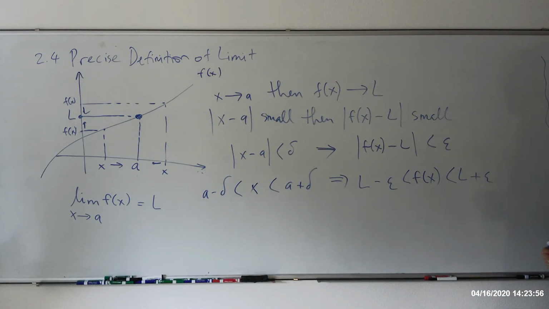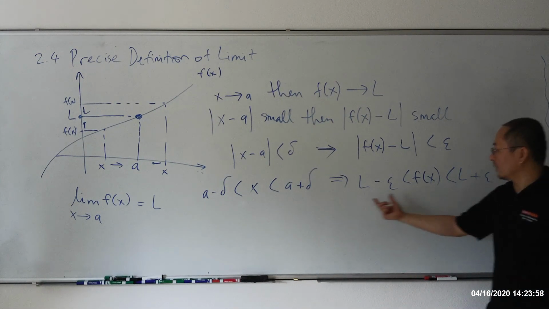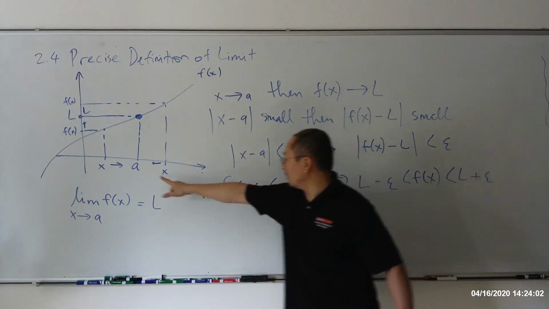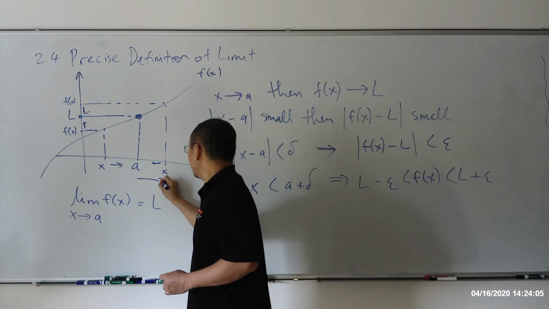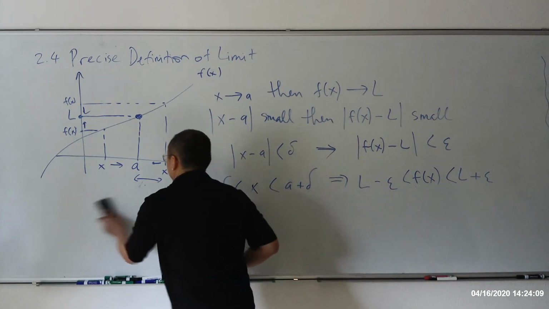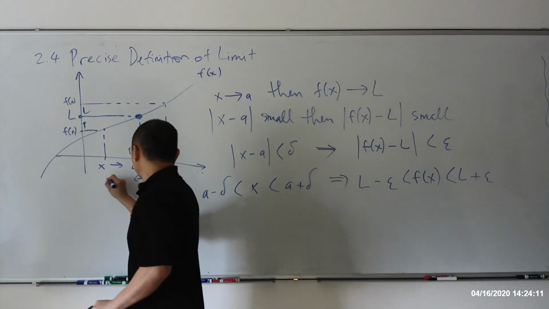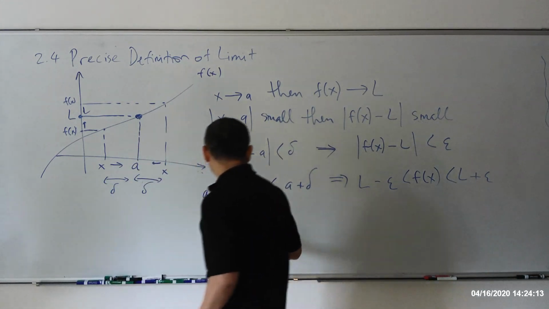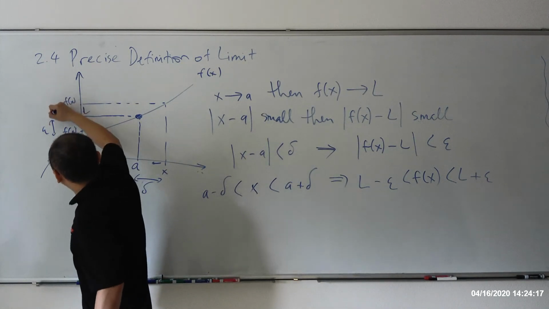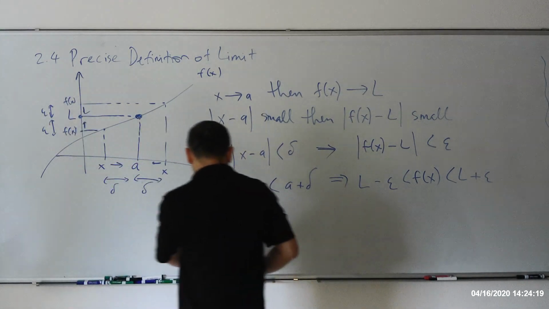You are going to see it clearer from here. This means when x is about delta away from the value A, this is the delta that we're talking about, then f of x is about epsilon away from the limit.